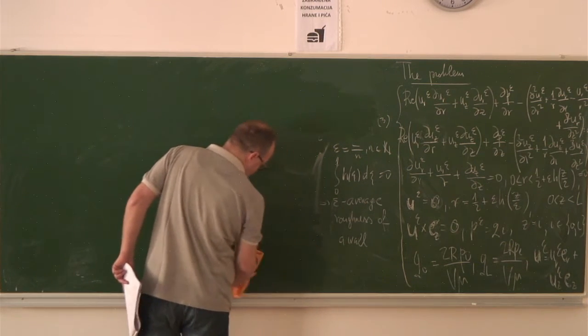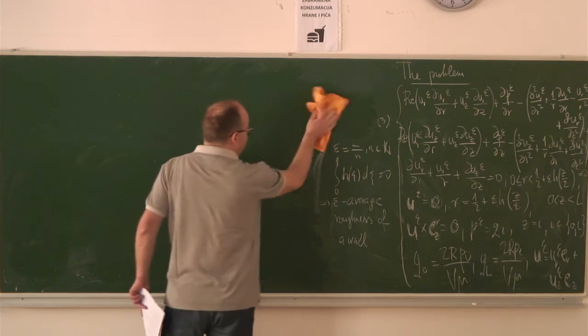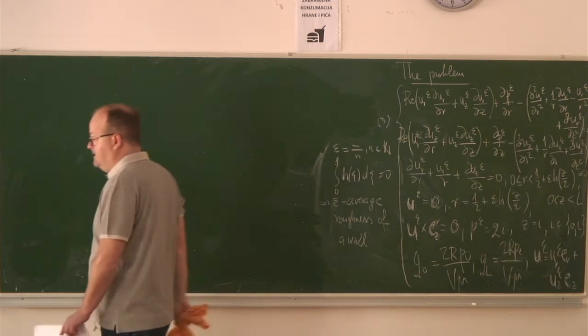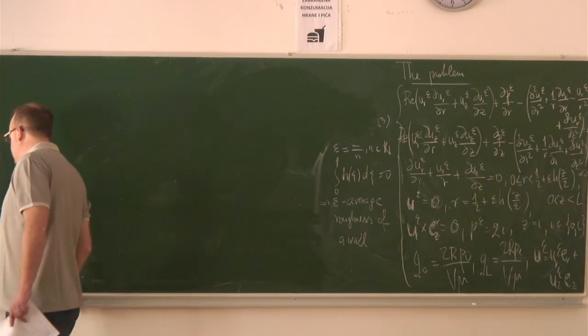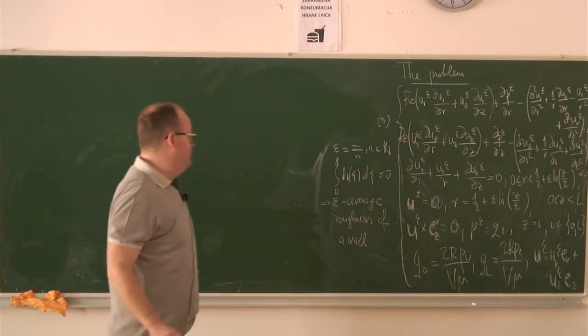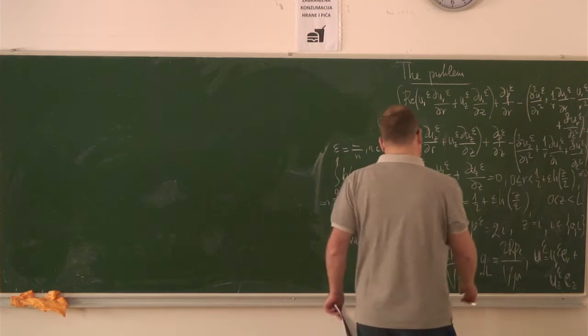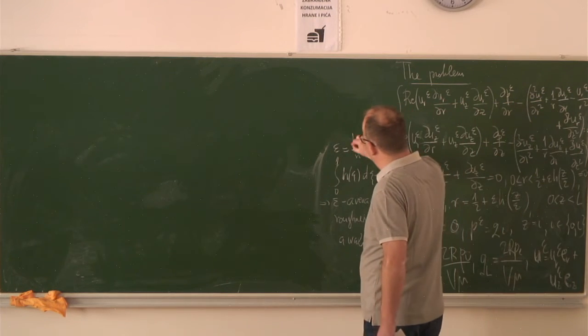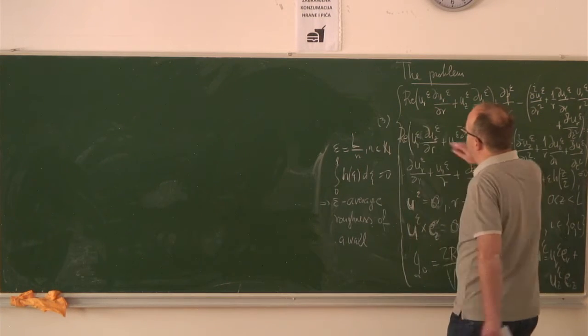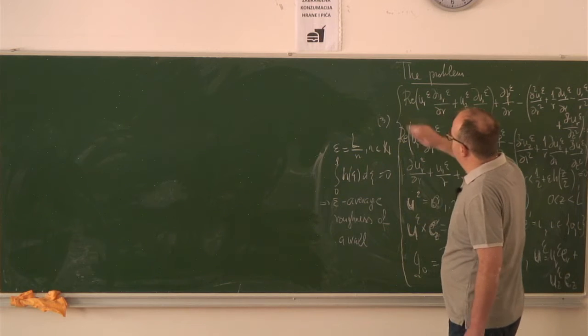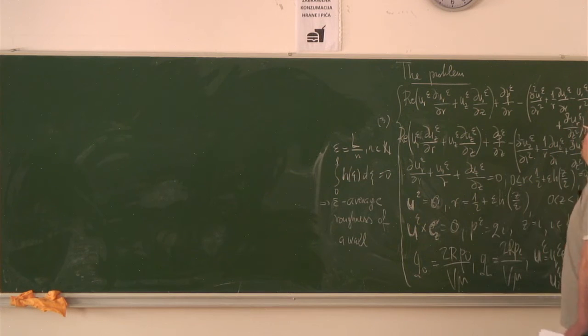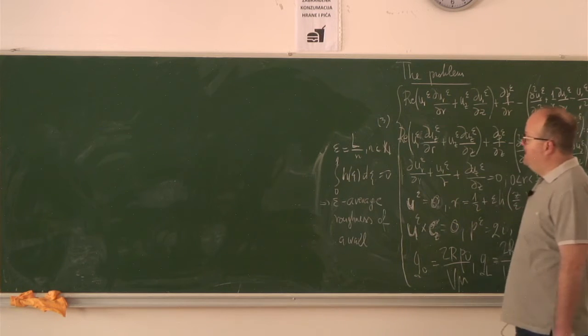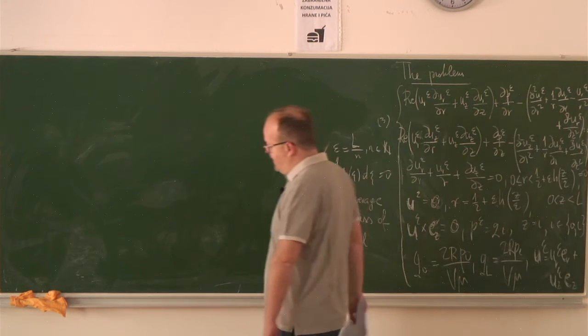But first, we have to attack this system using the asymptotic analysis with respect to this small parameter epsilon appearing in the problem. So we are particularly interested in the end in the effects of the Reynolds number, the effect of velocity, and the effects of the rough boundary described by this function h.